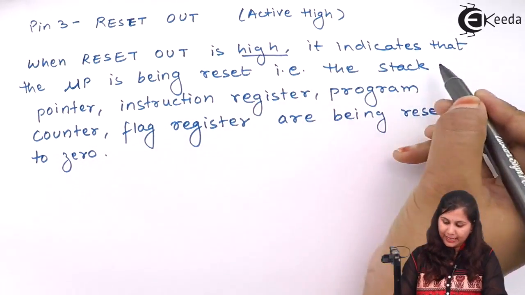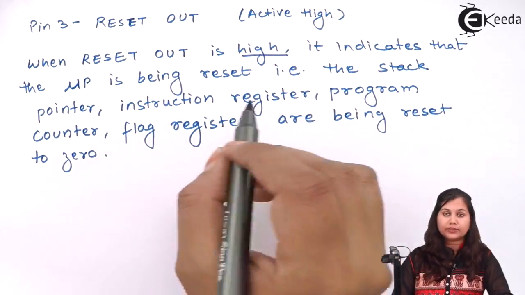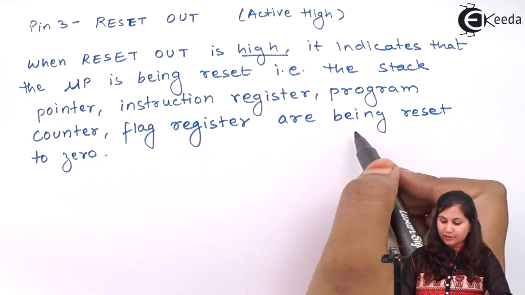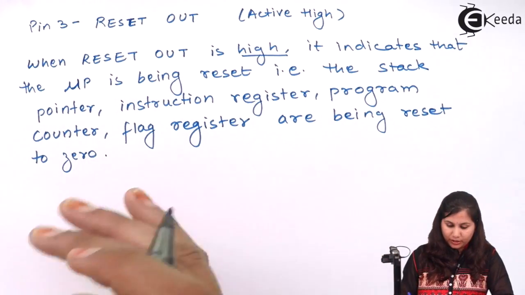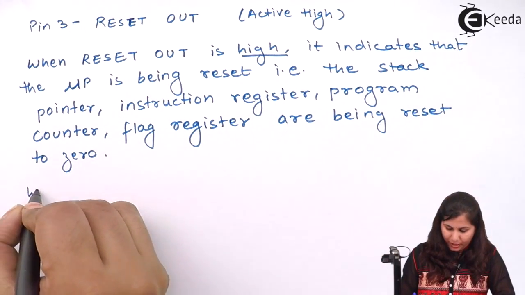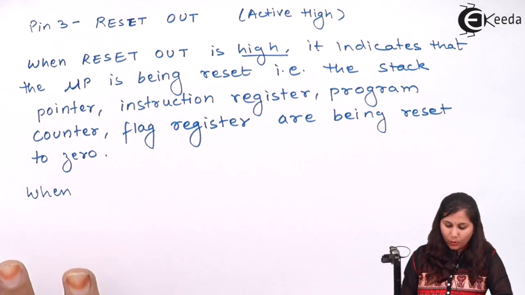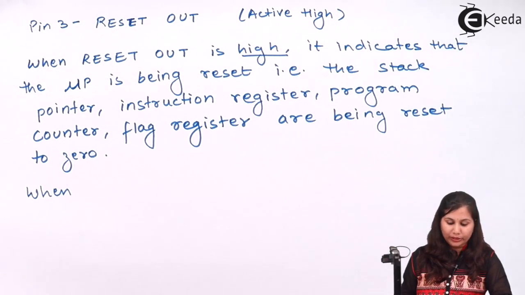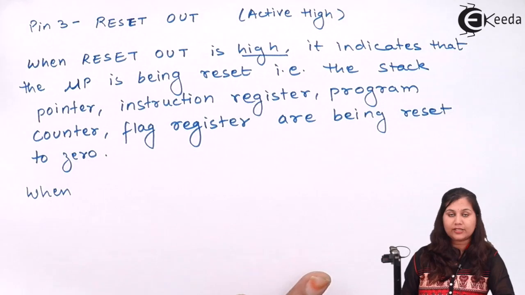so when this signal is high, it indicates that the microprocessor is being reset. That is, all the registers and the flag register, program counter, instruction register, all are being reset to 0. So it has been brought to the initial conditions. Now when you first start the microprocessor, then the whole system, including the microprocessor, CPU, ALU unit and the control unit, all the chips of the 8085, are in the reset conditions.